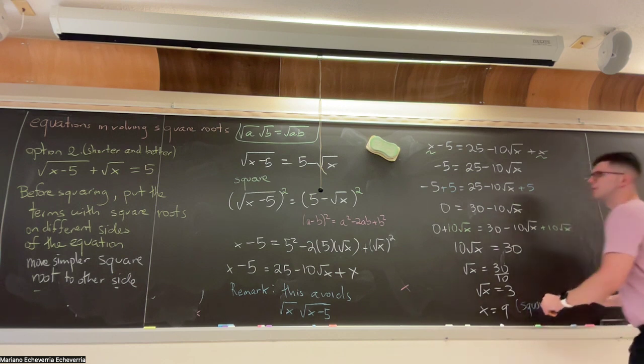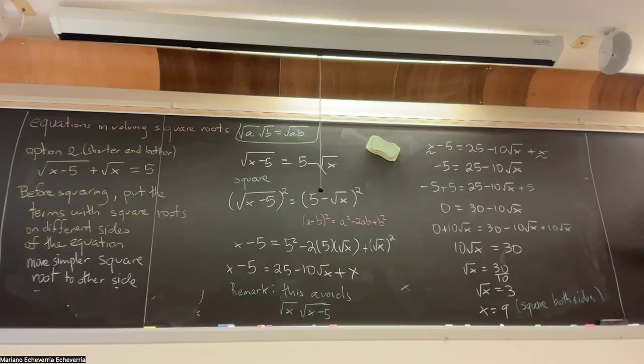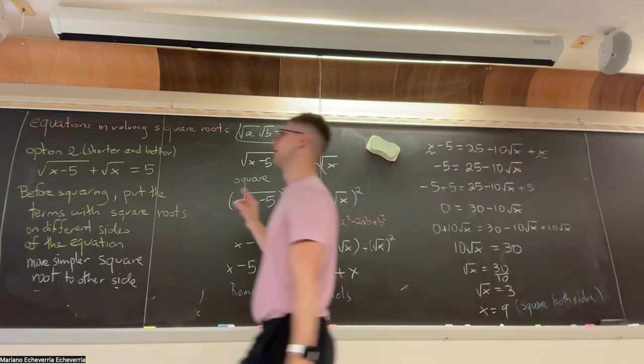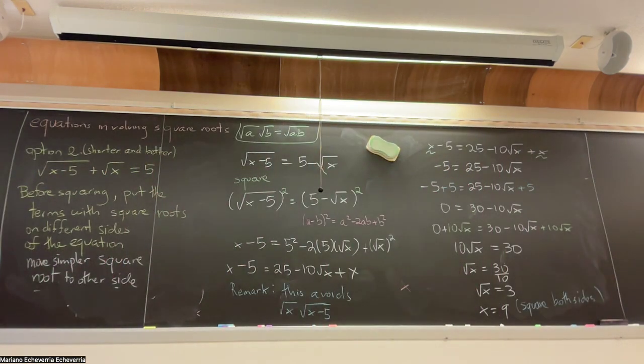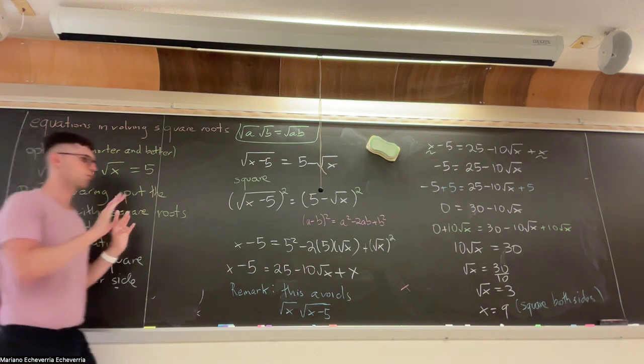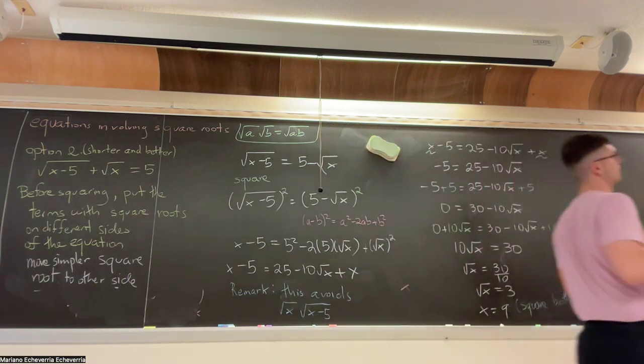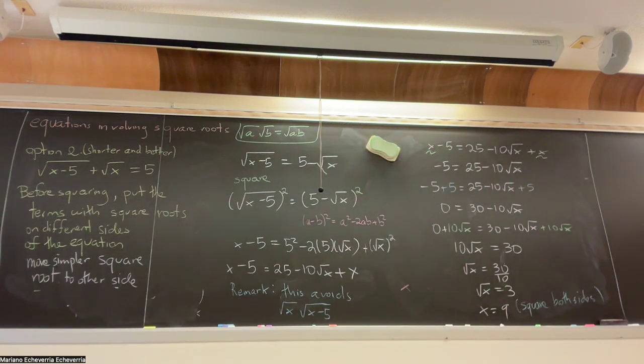This is something you can only see if you put both solutions side by side. If you compare this solution, you'll see that the numbers and the expressions were a little bit friendlier throughout. So the advantage of having the square roots or different ends is that you end up working with nicer numbers throughout the process.